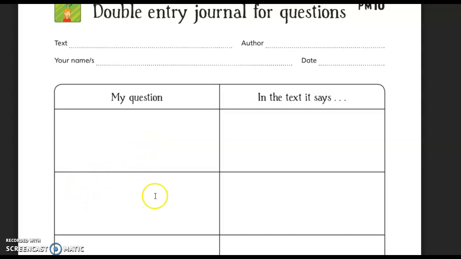Why am I seeing protesters? Maybe, why do I see somebody wearing fur? Because that relates to animals. Then I'm going to read the text and find the answers to my questions. When you've put your questions in the My Question box, read the text and find the answers.